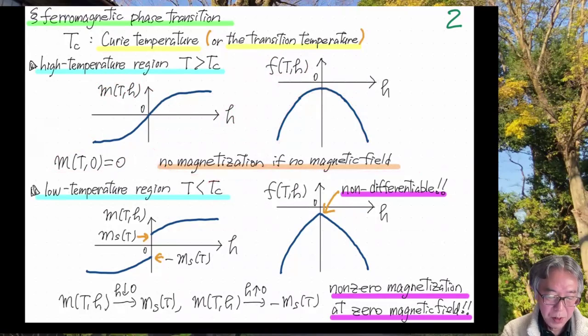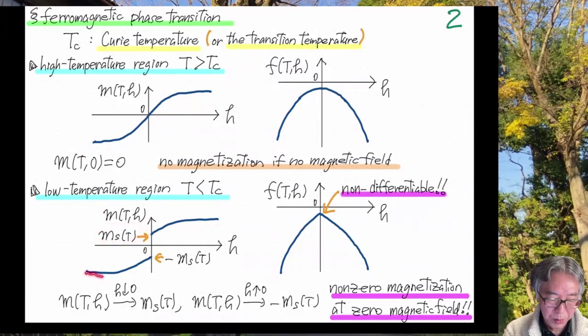But if the temperature is fixed below Tc, something strange happens. It's more or less the same for very large H, but if we decrease H to 0 from above, then M does not go to 0, but it remains at this finite non-zero positive value.